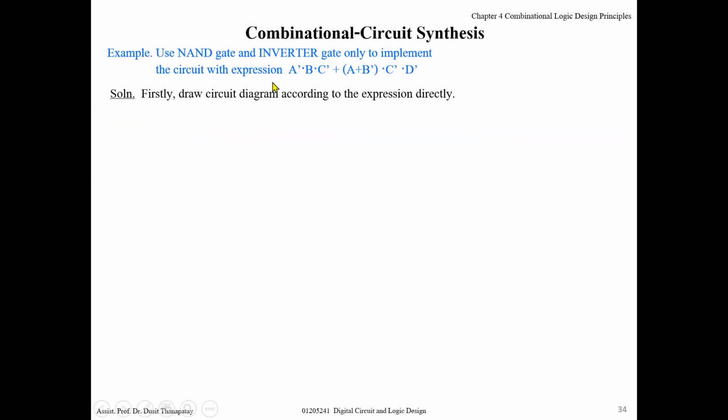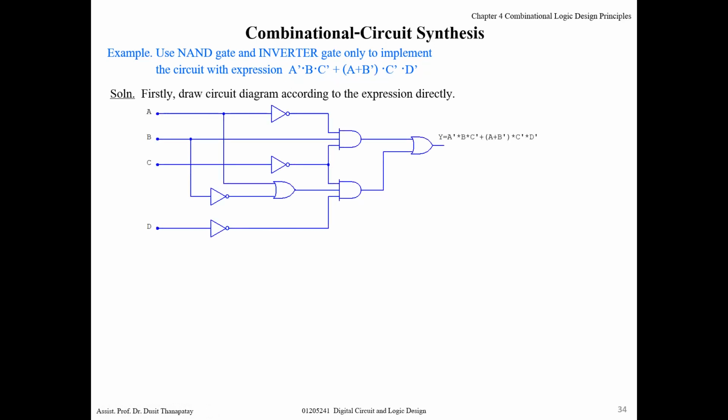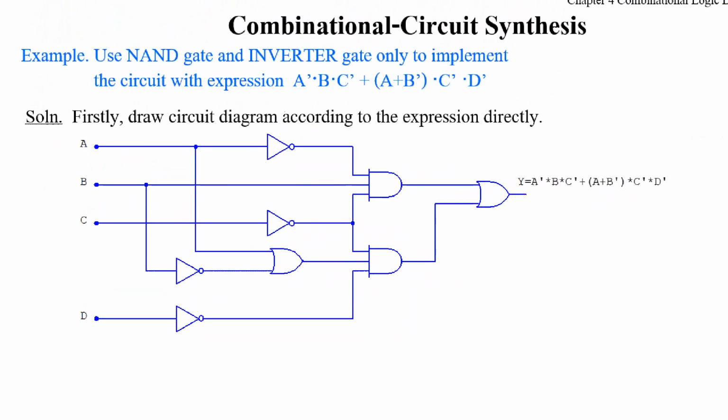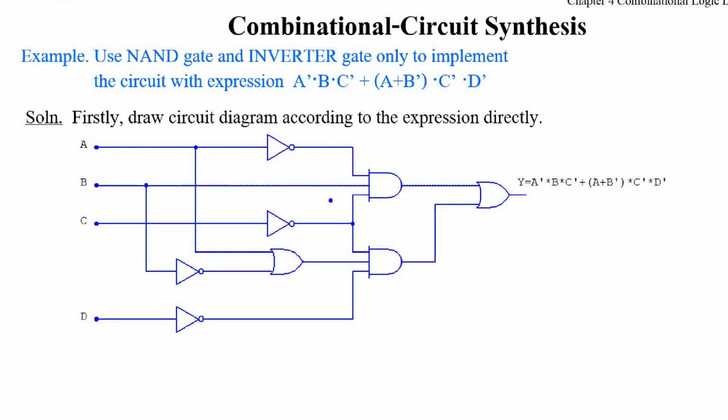This kind of problem lets you write down the circuit following this expression first, directly, like this. After that, you just consider how to change each logic gate to NAND, maybe by adding a pair of inverters for each wire or for each line.